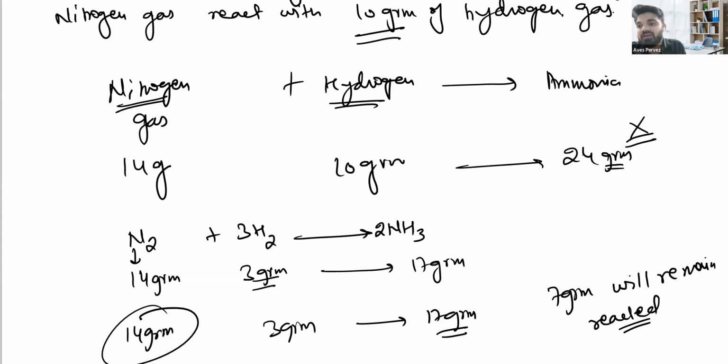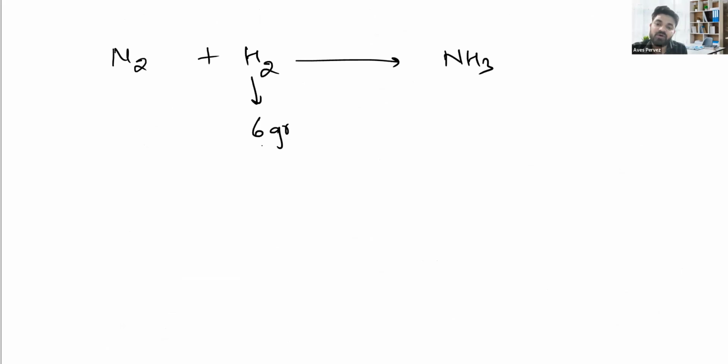If nitrogen reacts with hydrogen gas, it forms ammonia. If I have 6 gram of hydrogen, then how many grams of nitrogen are required to react completely with 6 gram of hydrogen?